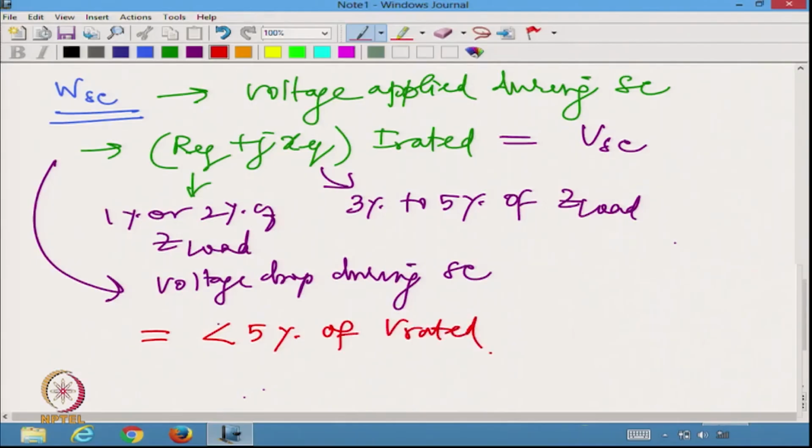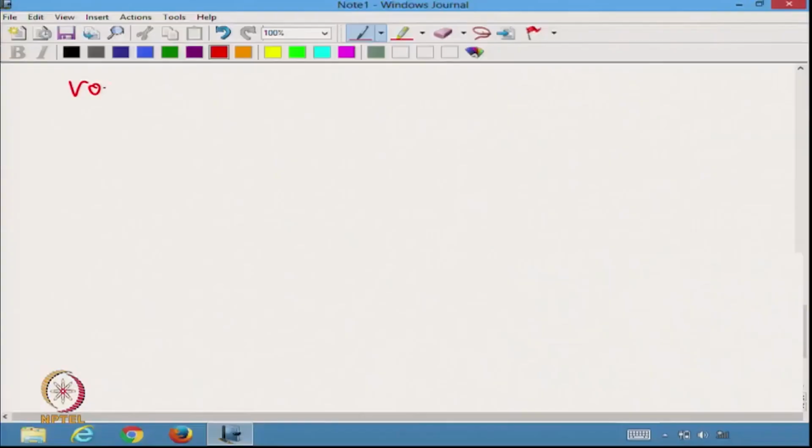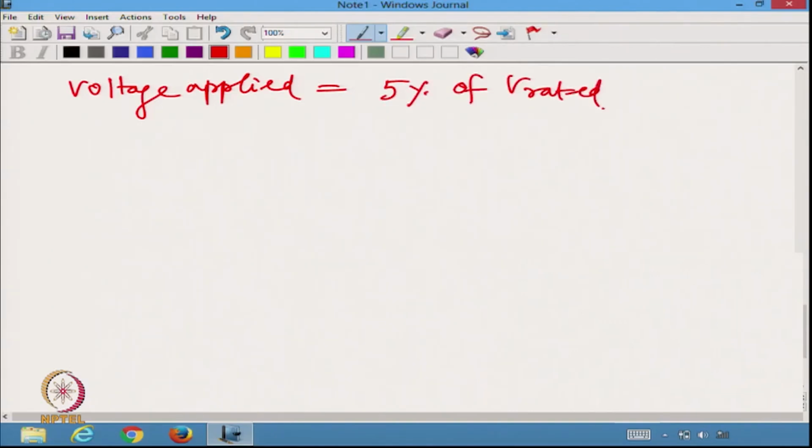If this is going to be less than 5% of V rated, then the voltage applied is less than 5% of V rated.